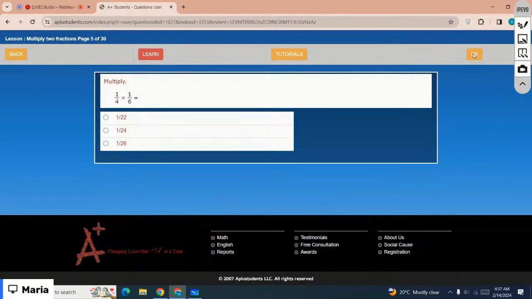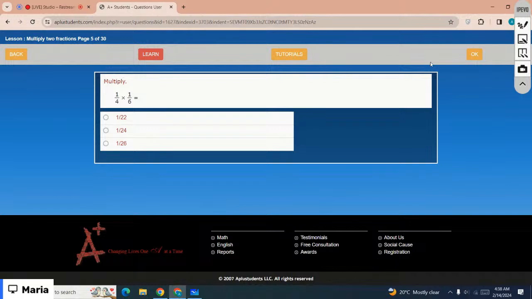Multiply 1 by 4 times 1 by 6, which is the correct option? The correct option is 1 over 24, right?